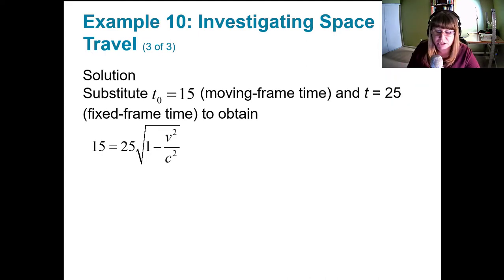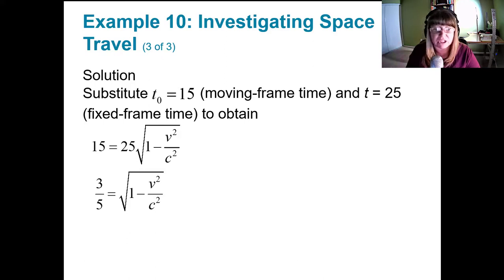Now, when we substitute in our starting time, 15 years is our t naught, 25 years, our Earth time, is our t, which is our fixed time frame, we get 15 equals 25 times the square root of 1 minus v squared over c squared.